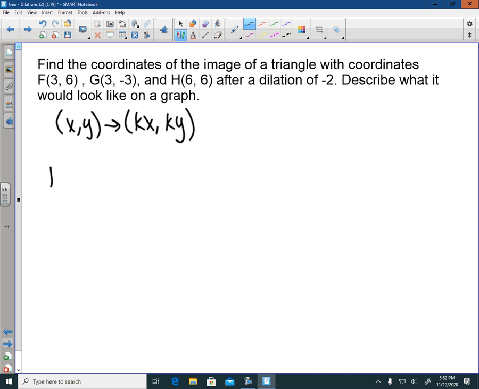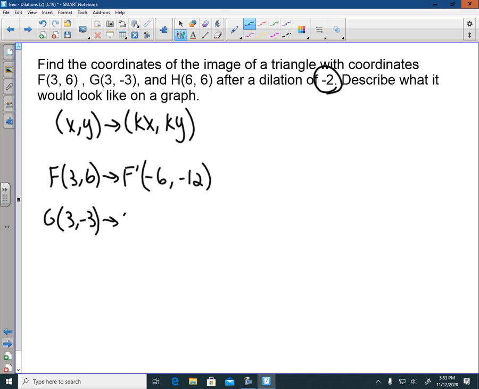So we're going to take F, which lives at (3, 6), and we're going to turn it into F prime by multiplying the 3 and the 6 by the scale factor of -2. So 3 times -2 is -6, and 6 times -2 is -12. So there is our first new coordinate point. And then G starts out at (3, -3).